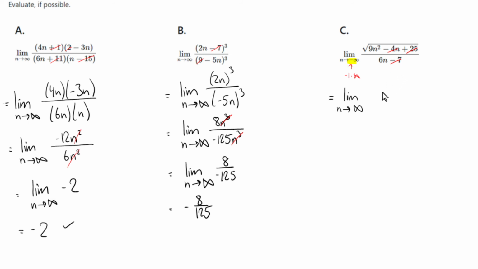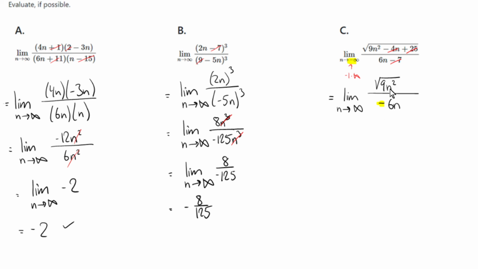In the numerator, it's going to be square root of 9n squared. In the denominator, we're going to have negative 6n. The negative here comes from the fact that I've multiplied numerator and denominator by negative 1.